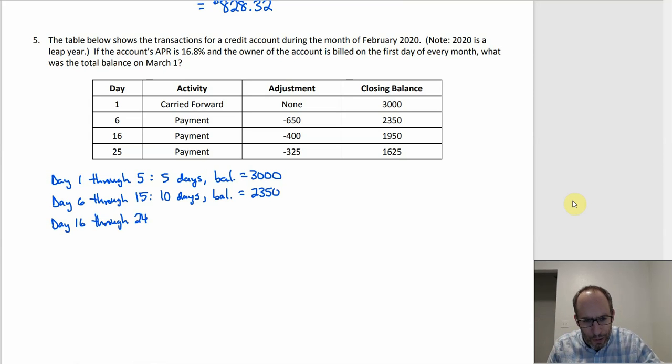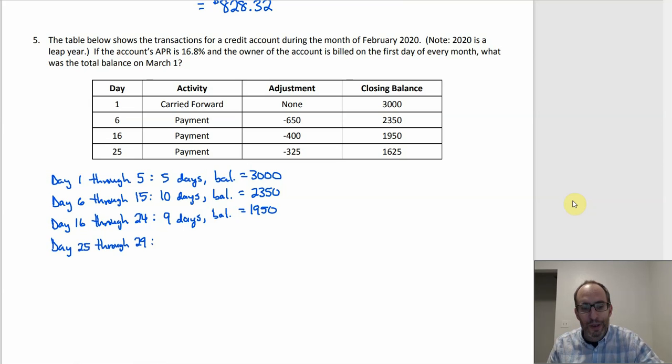through 24. All right, that's 9 days. And for those 9 days, the balance is going to be 1950. And then day 25 through 29, since we're in February in a leap year, that's going to be 5 days.